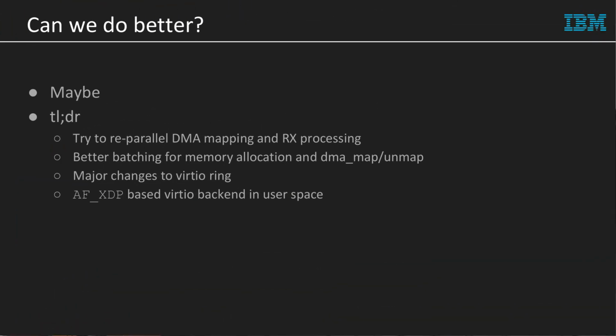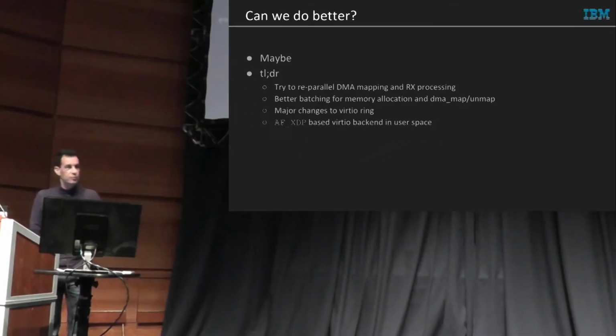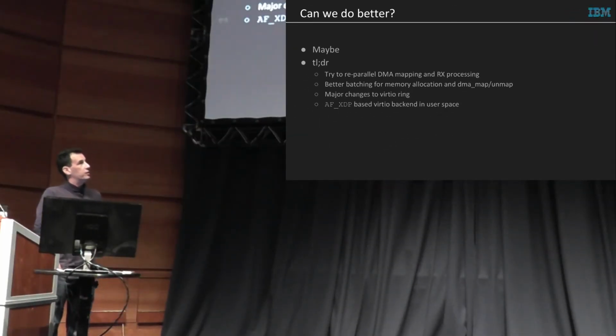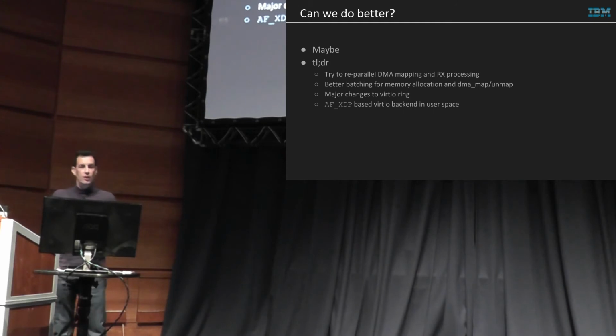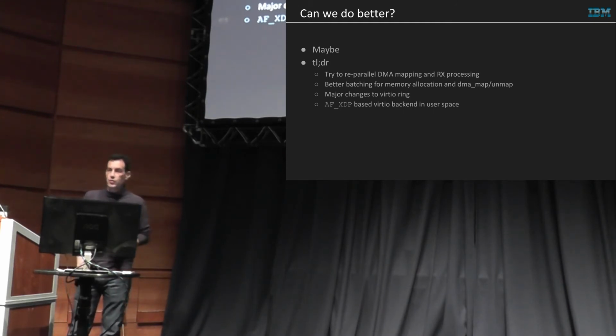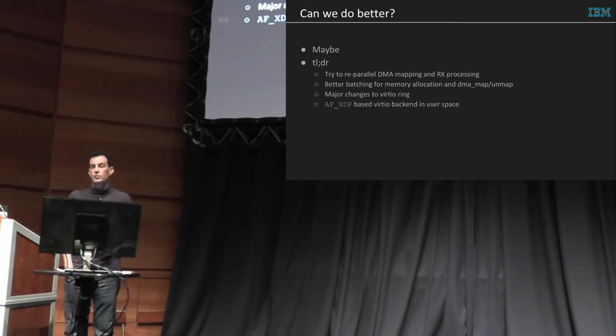Now, is it possible to improve what we did or implement Zerocopy RX in some other way? Maybe, we don't know. The first thing that is probably worth trying is to restore the parallelism between DMA mapping and virtual processing.